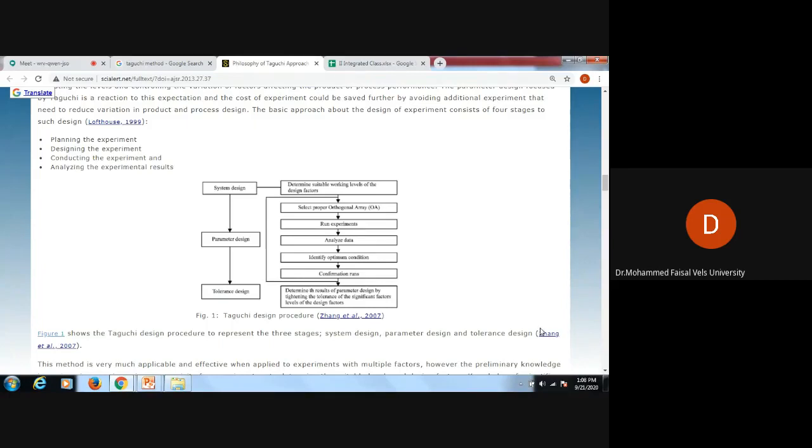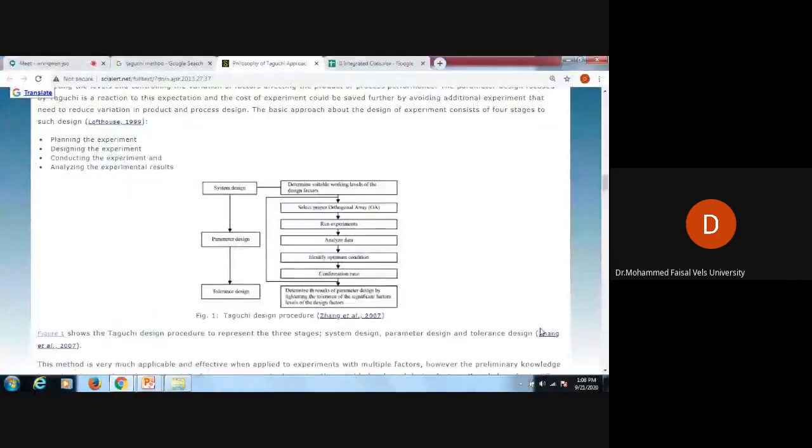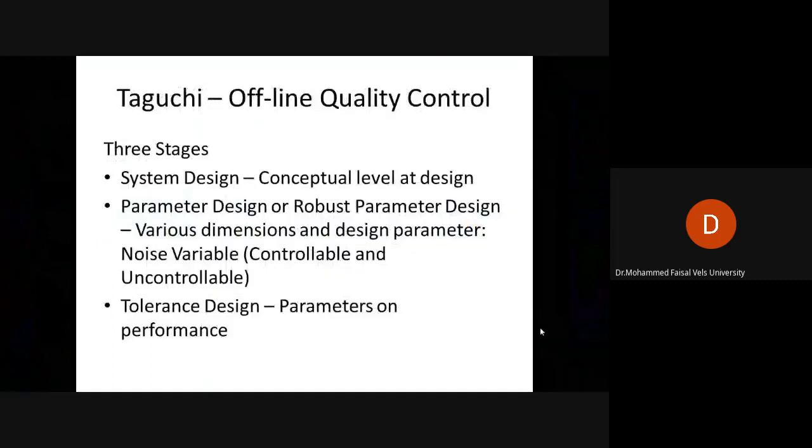Then I talk about parameter design, or robust design, where we have to identify the various dimension designs. First, we will identify the levels in the system design, then we try to find the parameter design.